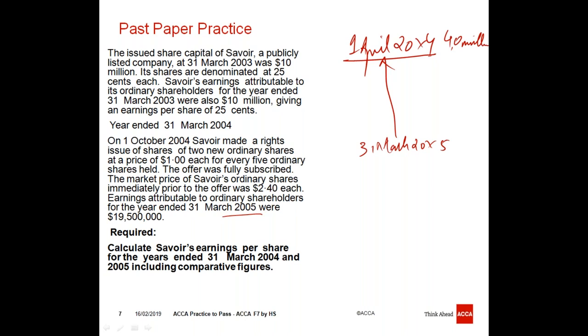On 1st October 2004, Xavier made a rights issue. So first of all, you have to calculate the date after which the company has issued the rights. 1st April, May, June, July, August, September: so actually after 6 months, the company has issued the rights on 1st October.